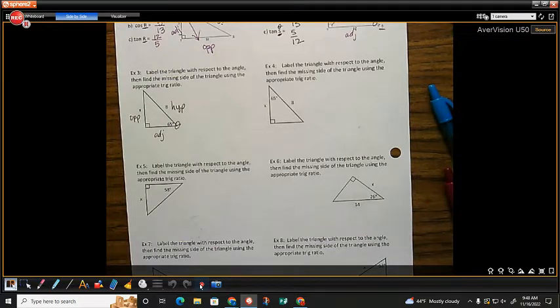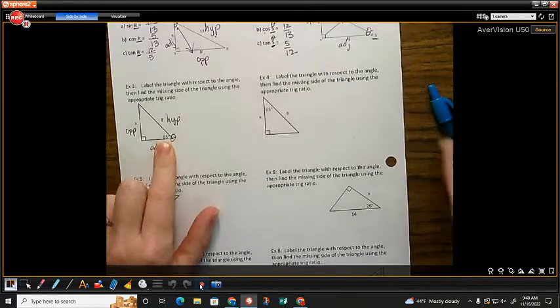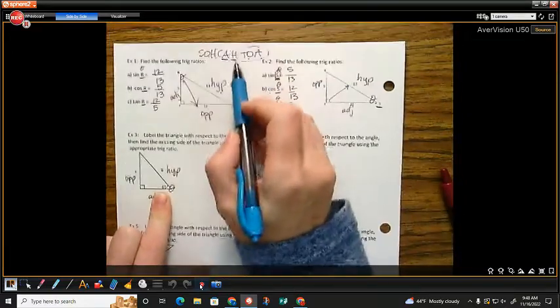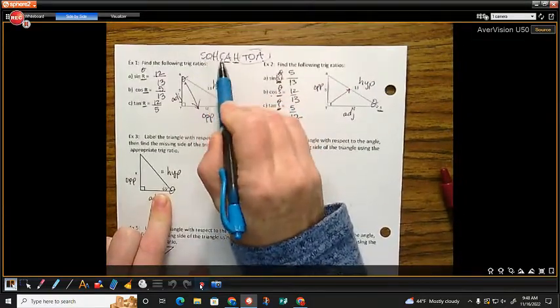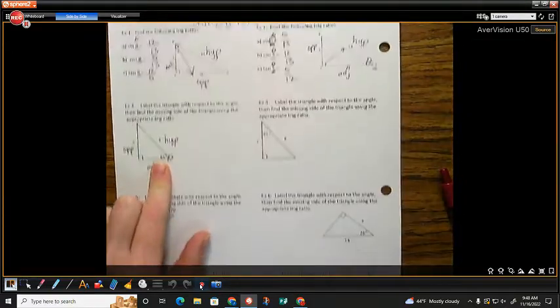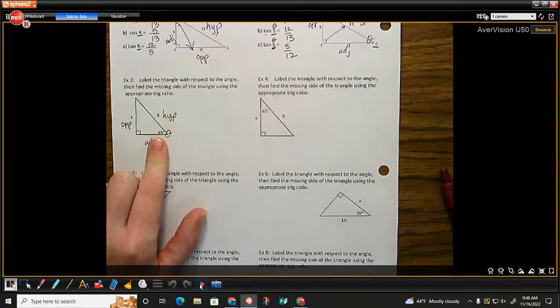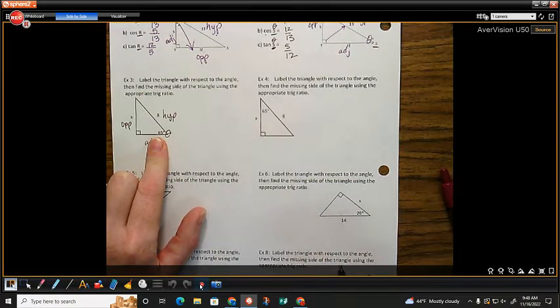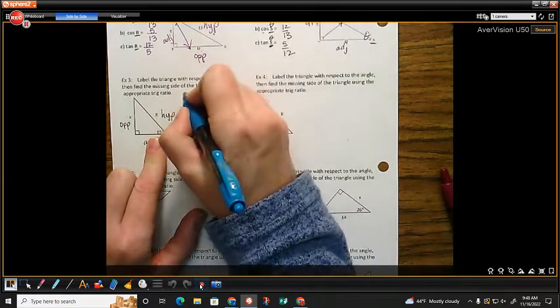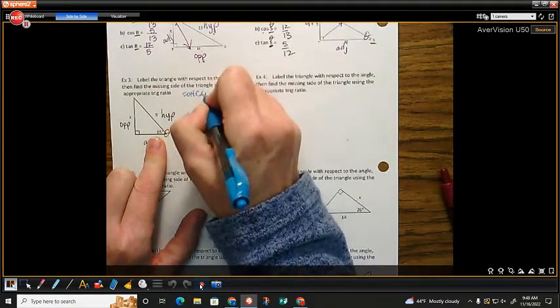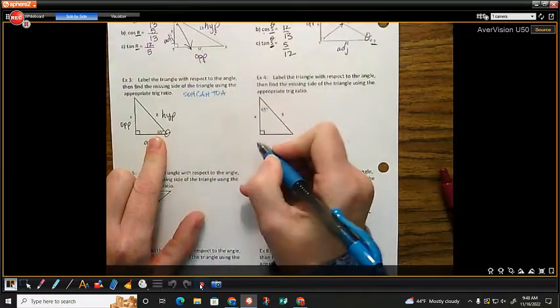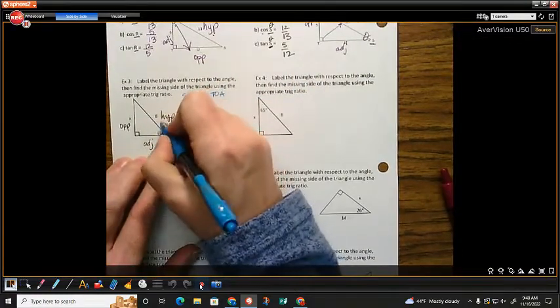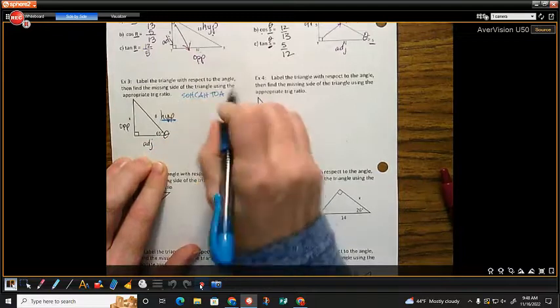The way you do it is you say, okay, what angle am I focusing on? 65. And then what are my three trig functions? Sine, cosine, and tangent. Which one of those can I set up based on the stuff that I see in this picture? Well, I know the hypotenuse, so am I going to use tangent?